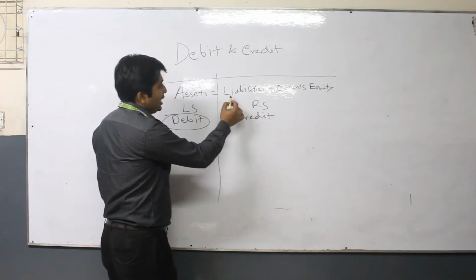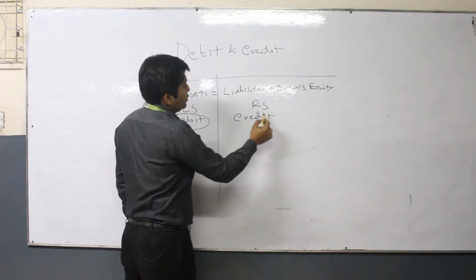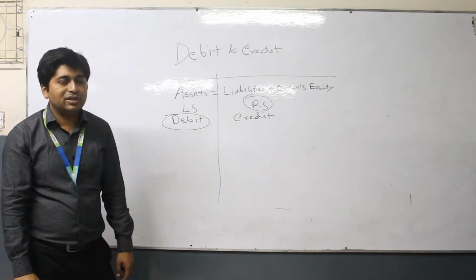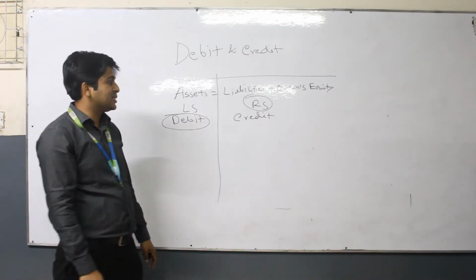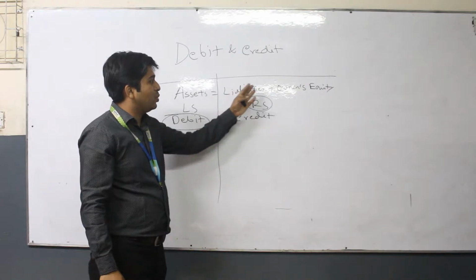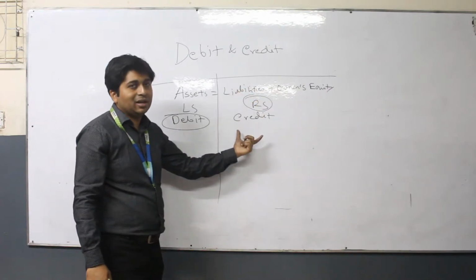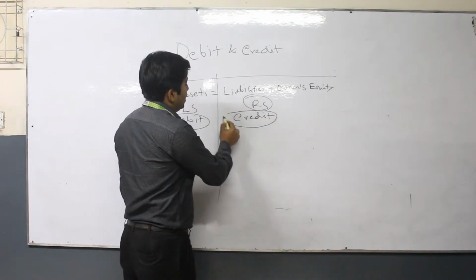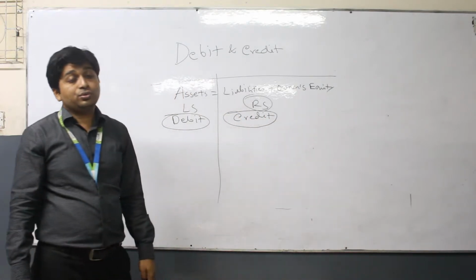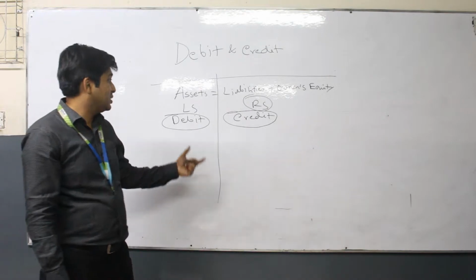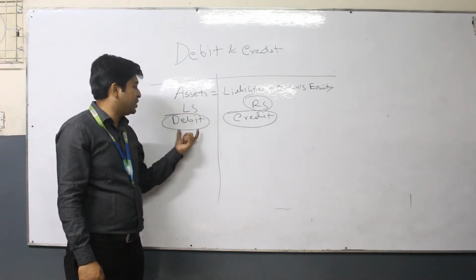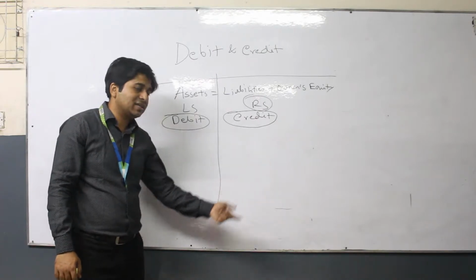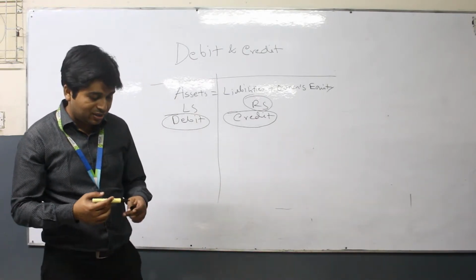As liabilities and owner's equity are situated on the right side of the accounting equation, their basic signal is credit. This we have to remember: the basic signal of asset is debit and the basic signal of liabilities and owner's equity is credit.